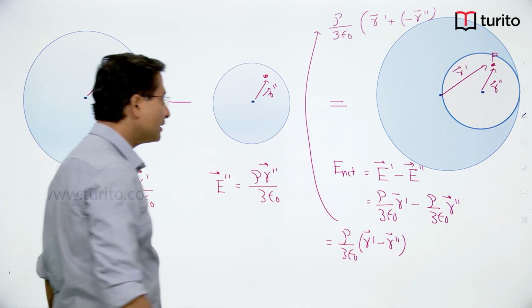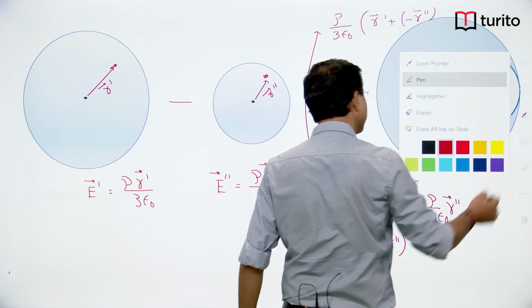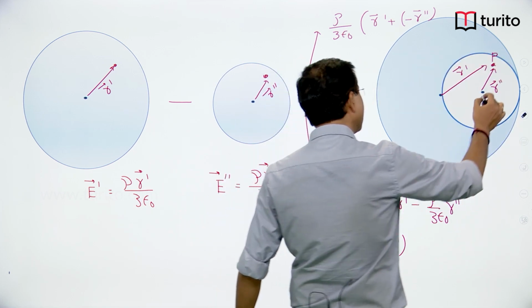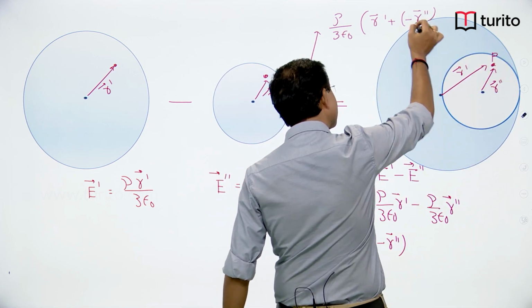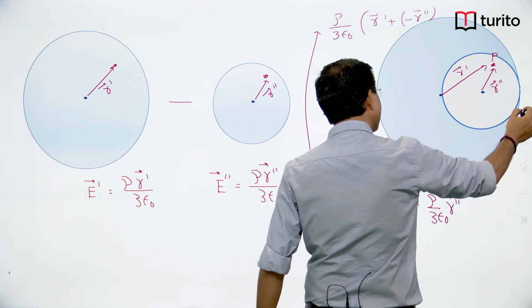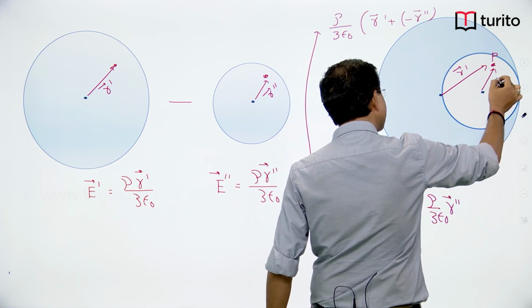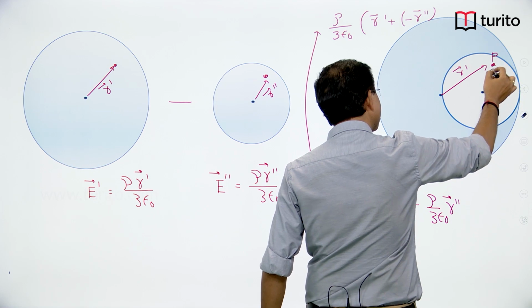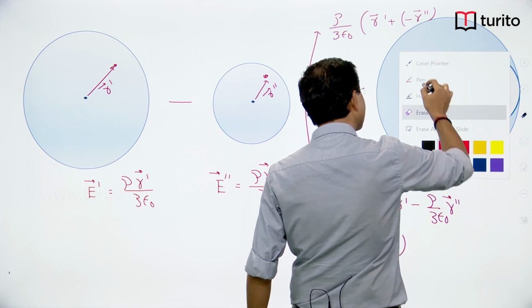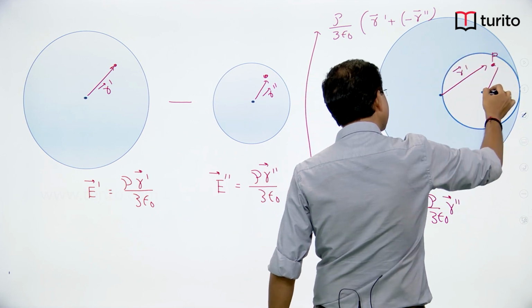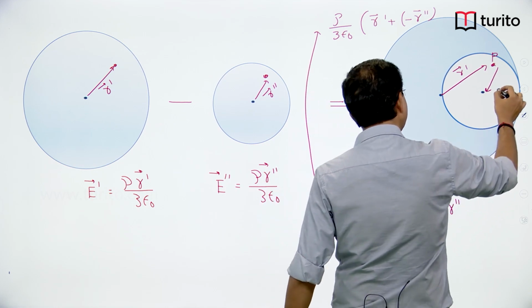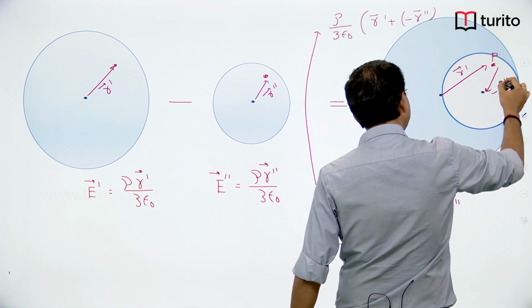Right. In the diagram, if you look at this, I need to reverse. So, this we are going to reverse. Now, this will be the direction of minus r double prime.